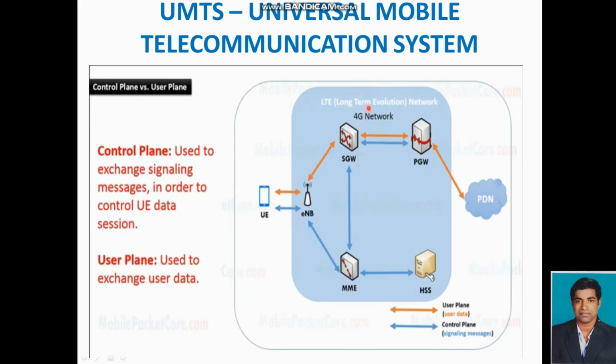Once the base station, eNodeB, which is nothing but the base station along with the transceiver system, receives all the user information from the user equipment, it gives it to the mobility management entity. This mobility management entity checks the user subscription details stored in the home subscriber server, HSS.